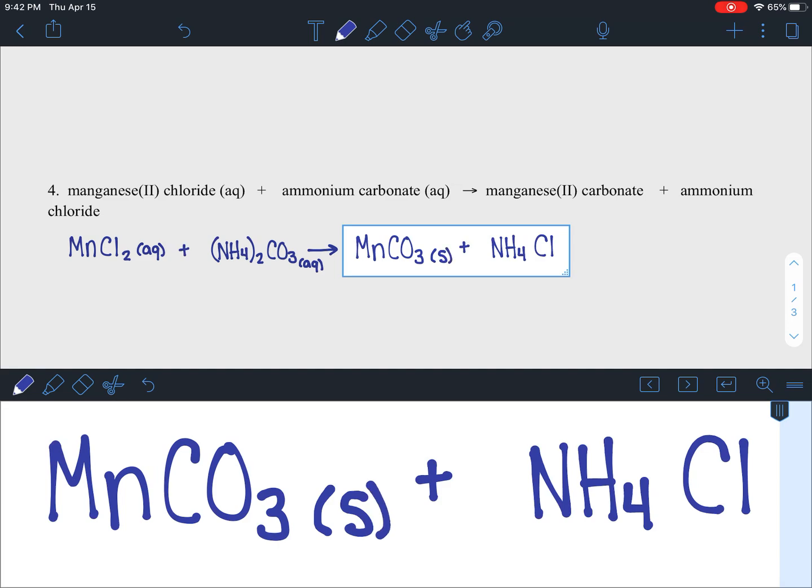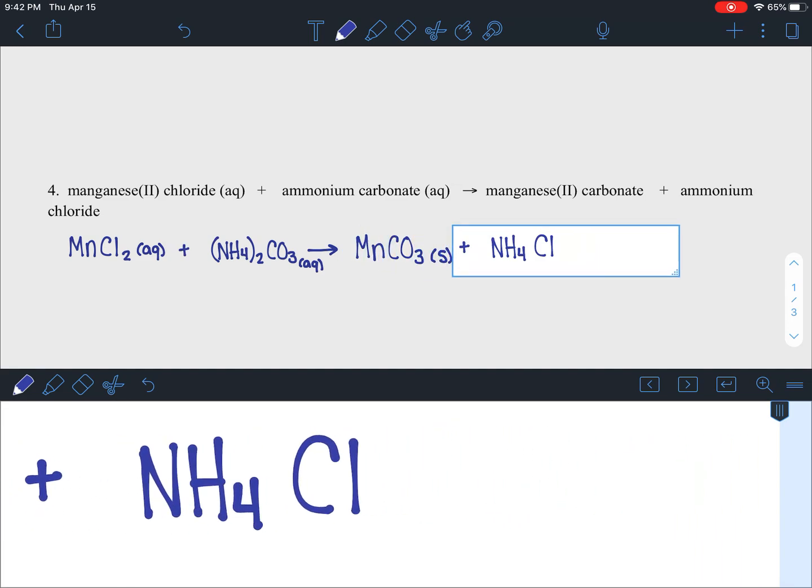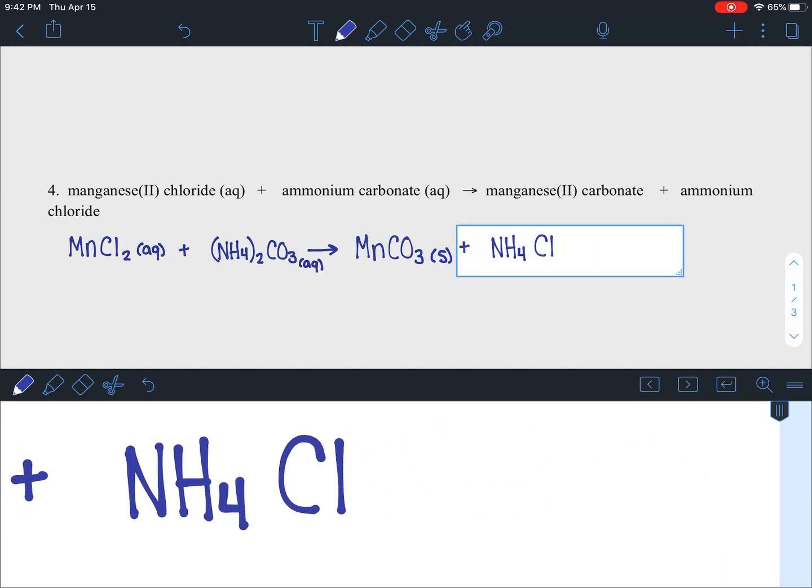It's insoluble in water, so it will precipitate out. Ammonium chloride, on the other hand, will be soluble, so it will remain dissolved in water. All compounds involving ammonium will actually be soluble, so that's a nice little rule as well. So this will remain aqueous.